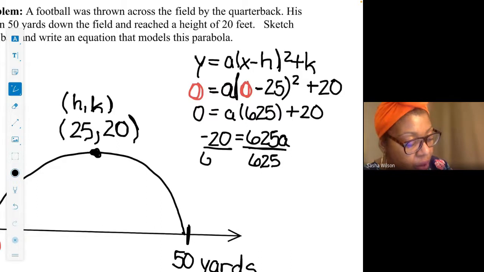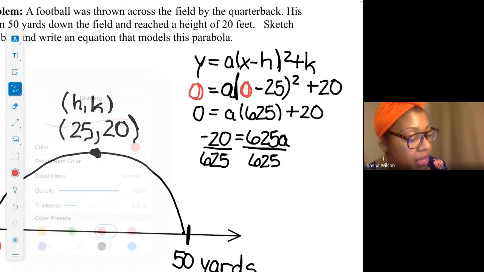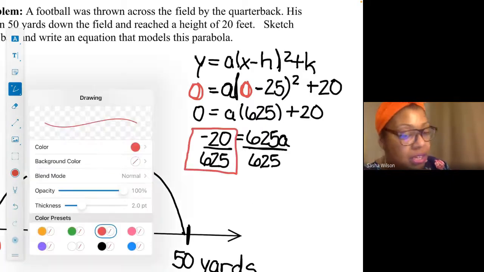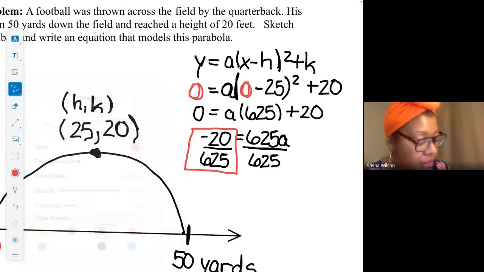Now, what I would encourage you to do is a couple things. One, recognize that your a value is going to be this fraction, but don't forget to reduce. So I can divide those both by 5.